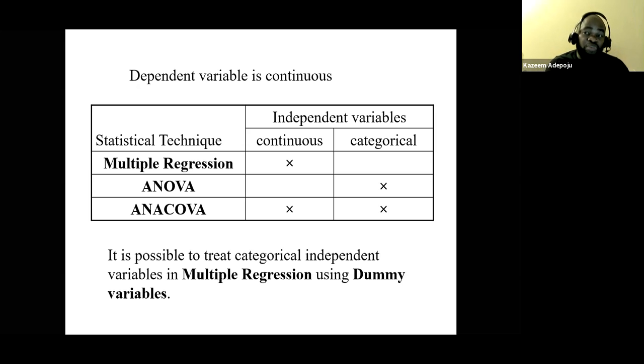We have some multiple linear regression models that have both the continuous and the categorical. You remember we did something like that before as well. So I don't rule that out, because there are some multiple regression models that have the combination of categorical predictor and continuous predictor. You remember that we did something like that, right? Okay.